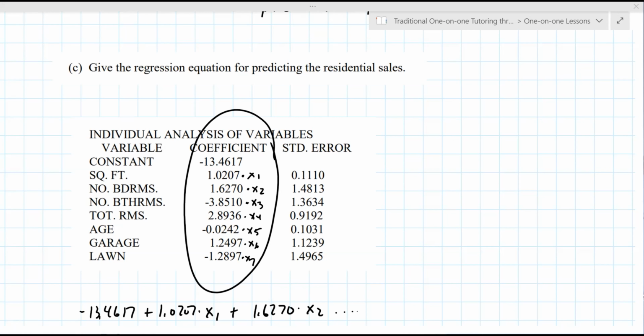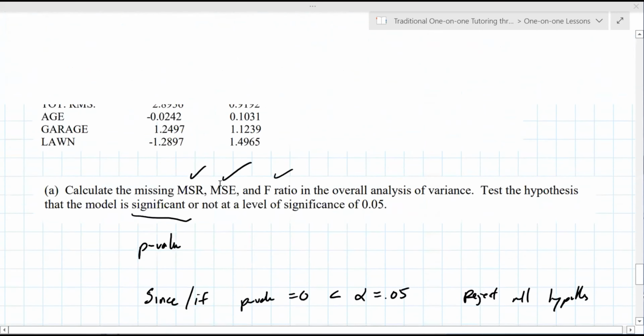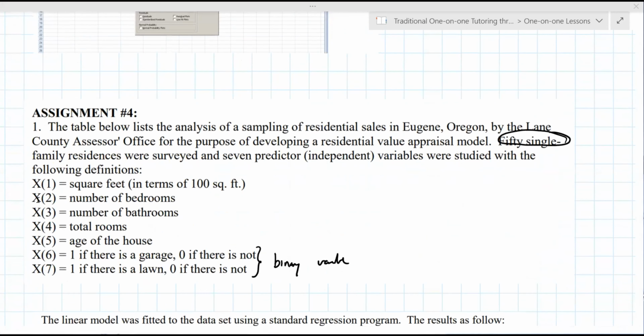I think I'm a little confused on that. Alright, the table gives you the coefficients. The table tells you what the coefficient is in the multiple regression. And you multiply the number in this column by the variable. Remember back up here, it said the variables are x1, x2, x3, x4, x5: square feet, bedrooms, bathrooms, and so on.